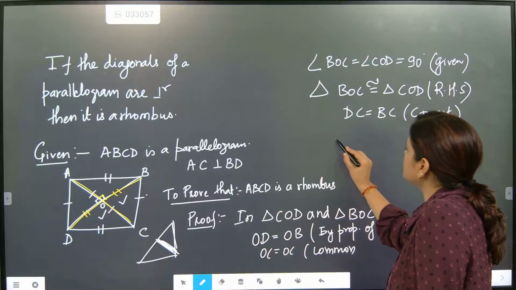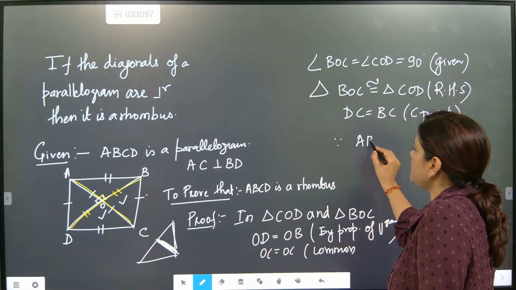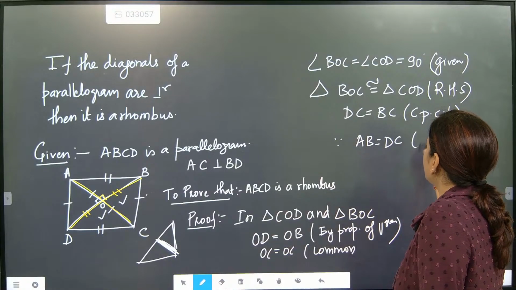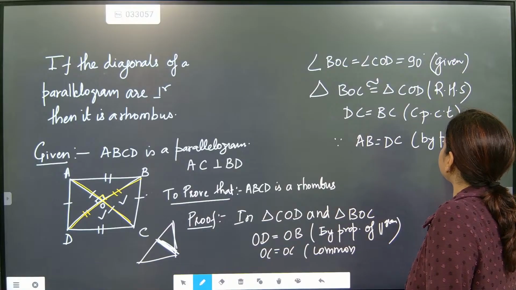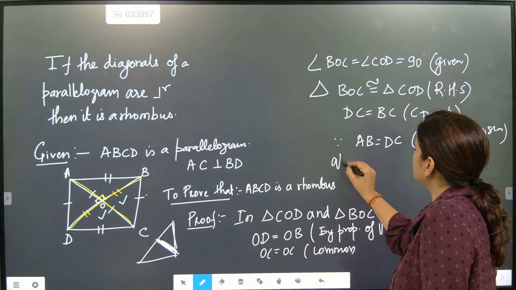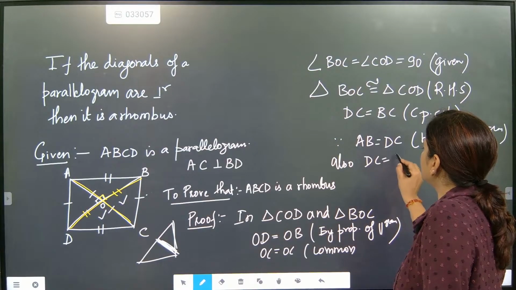Since AB is equal to DC by property of parallelogram, also DC is equal to BC.